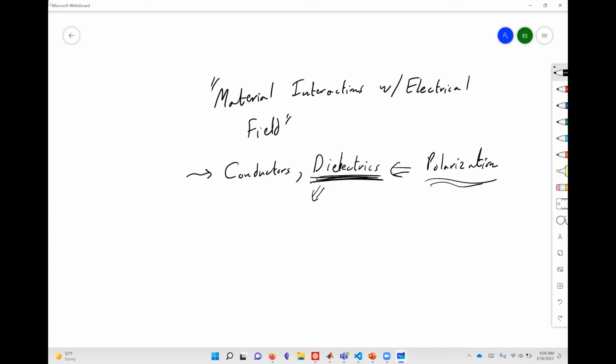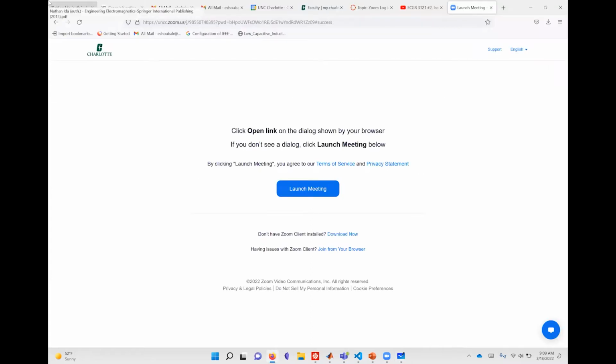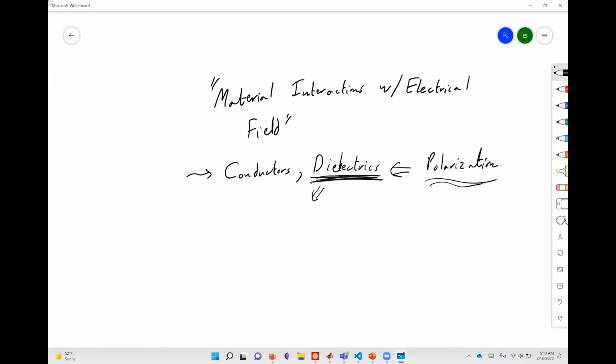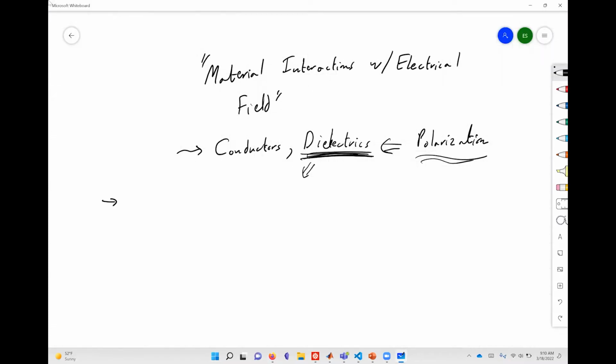So, yeah. Up to this point, the effect of material has been included in one way, right? The effect of material has been included already when we introduced what's called the flux density vector. So this describes the electrical field. So we have charges.